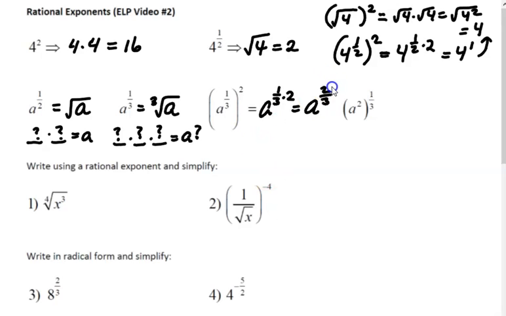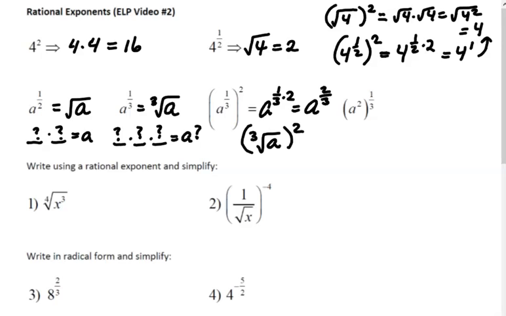So notice in the numerator we have the power, in the denominator we have the root. So if we were to write this in radical form, this would be the cube root of a squared.